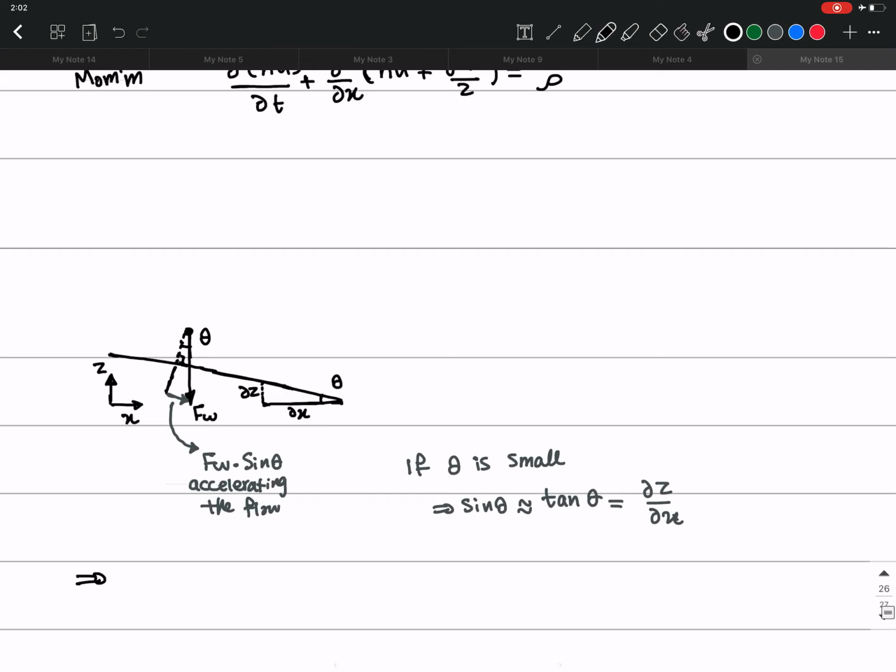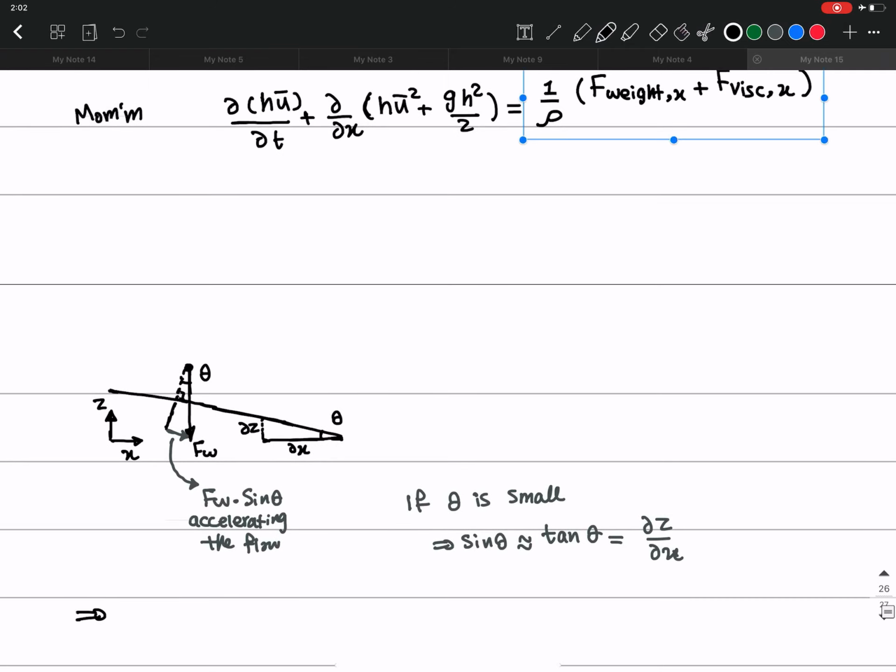So 1 over rho F weight in the direction of the stream flow is going to be what? So instead of FW, what is FW? FW is the weight of the fluid. Okay, so I can just write it as rho times its volume.